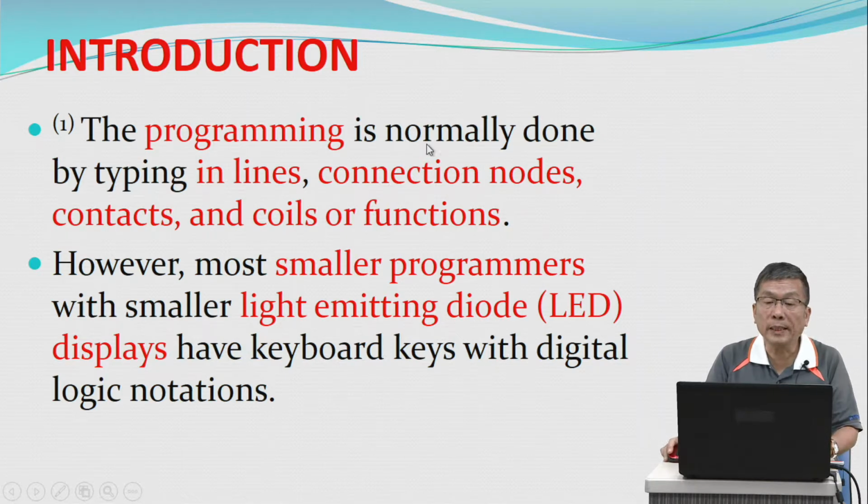The programming is normally done by typing in lines, connection node, contacts, and coils or functions. However, most smaller programmers with smaller light emitting diode, LED, display, have keyboard keys with digital logic notations.